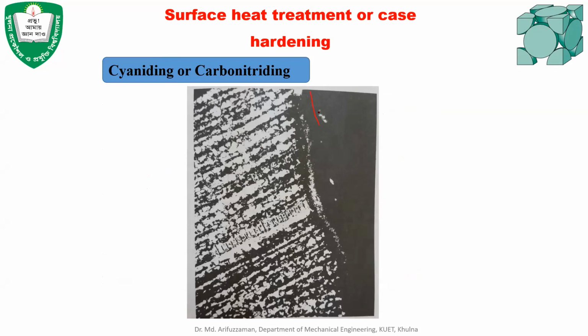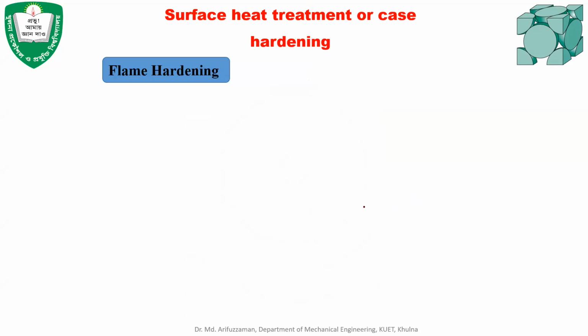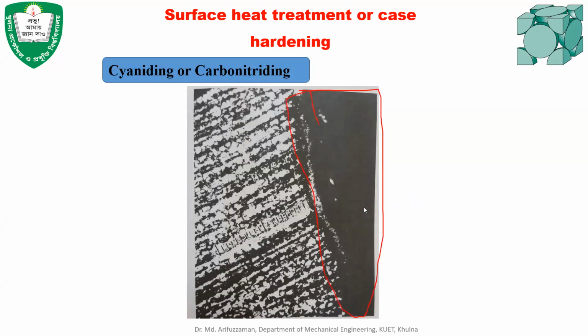This is the surface, which contains a very large amount of carbon and nitrogen. But obviously, in this case, nitrogen is more than the carbon. Okay. All right. Any question?